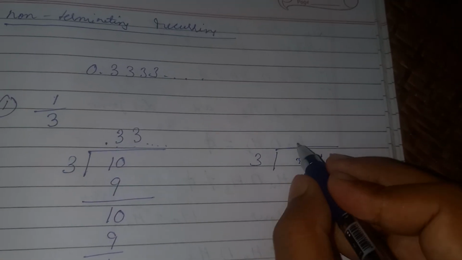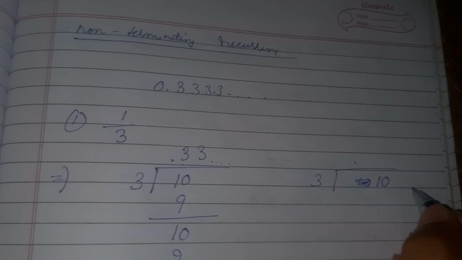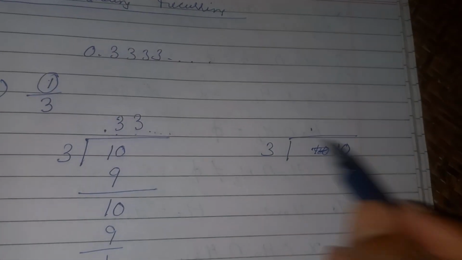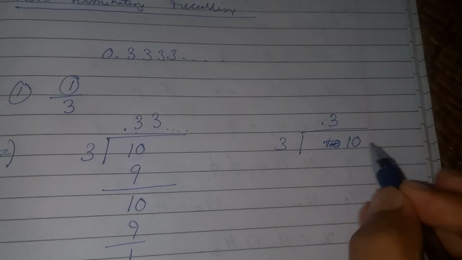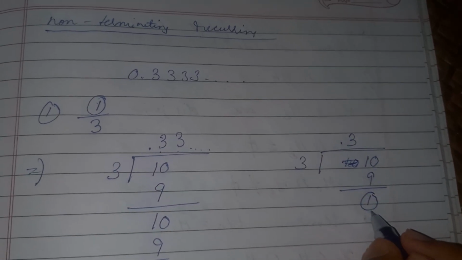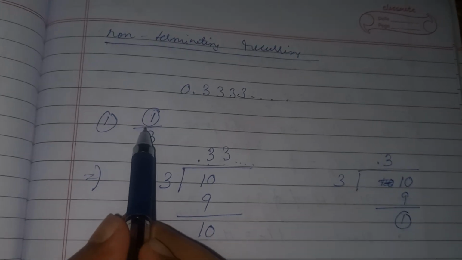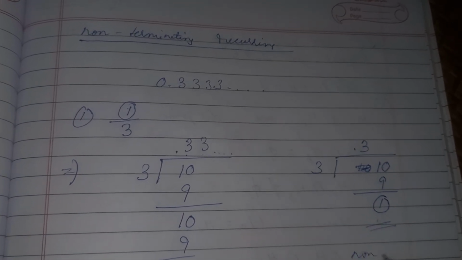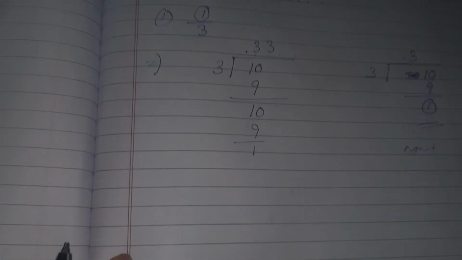So first we'll take the point. Keep a check of this first: check the numerator in the question. 3 3s are 9, so the remainder is here. The remainder is the same as the numerator. So we can directly say it is non-terminating recurring.